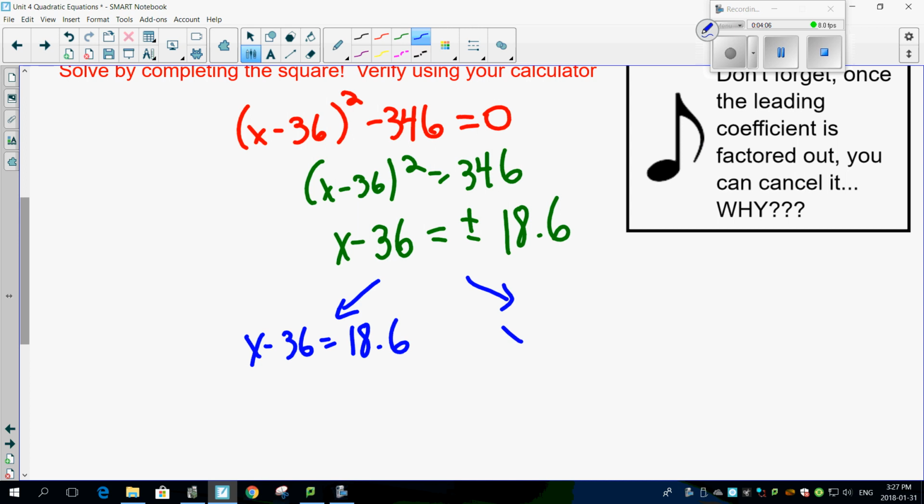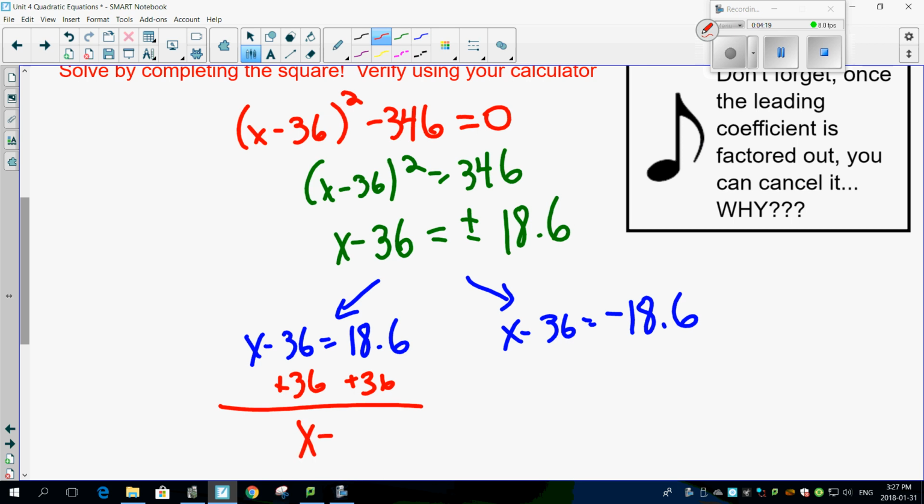You've got x minus 36 equals minus 18.6. And go nuts. Here we go. Add the 36 right there. Add the 36. You end up with x equaling somewhere around 54.6 yards.